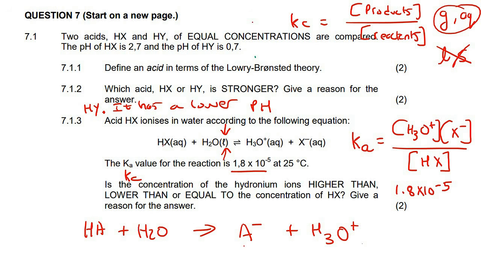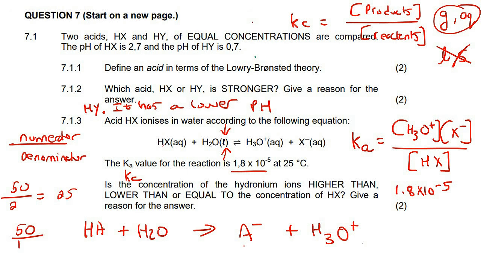Now, if you go back to grade 6 maths and think about fractions, if you have a big number at the top and a small number at the bottom and you divide them, you end up with a big number. For example, 50 divided by 2 gives you 25. But if you make the number at the bottom bigger, like 10 instead of 2, then it's only going to give you 5.